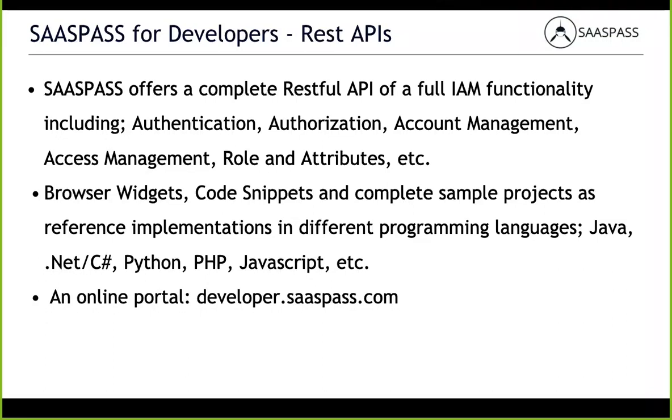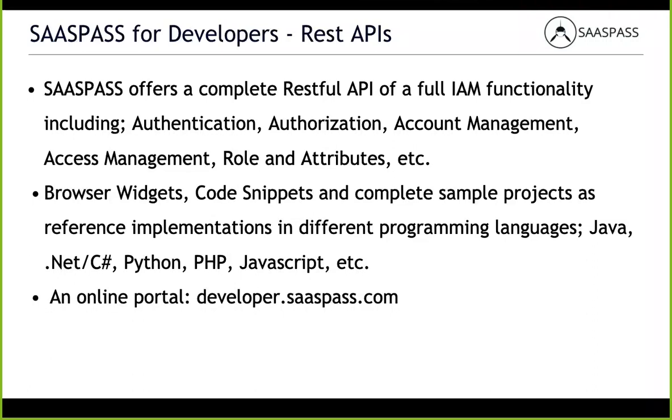SAASPASS offers a complete RESTful API for full IAM functionality, including authentication, authorization, account management, access management, roles and attributes, and profiling. All this you can integrate and sync bidirectionally between your application or system and SAASPASS as the identity and access management system, the identity provider, or IDP. In this case your application will be the SP, the service provider.